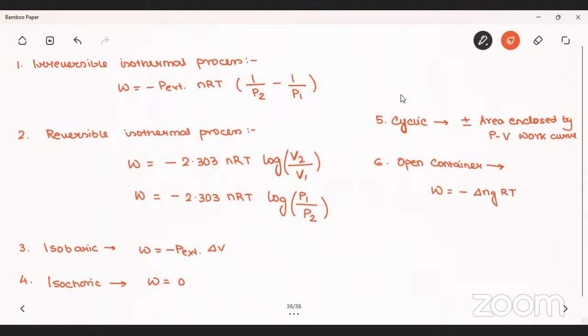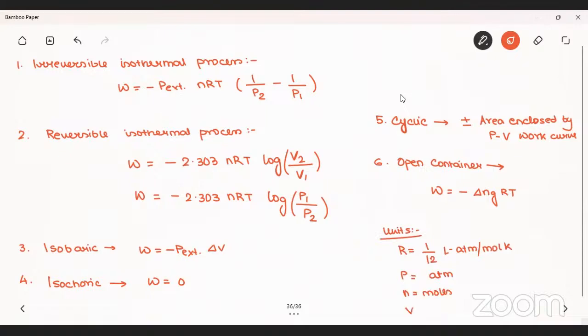And I told everyone to take the units for everything. What should be the units taken? R is equal to 0.0821 liter atm per mole Kelvin. Pressure will be taken in atm. n should be taken in moles.